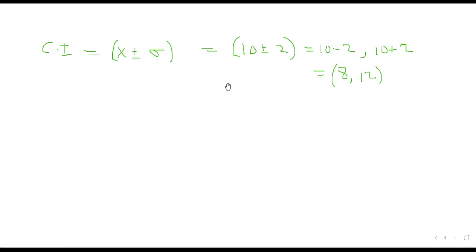So for Chebyshev's rule, we'll be looking at what? The mean plus or minus k standard deviations.